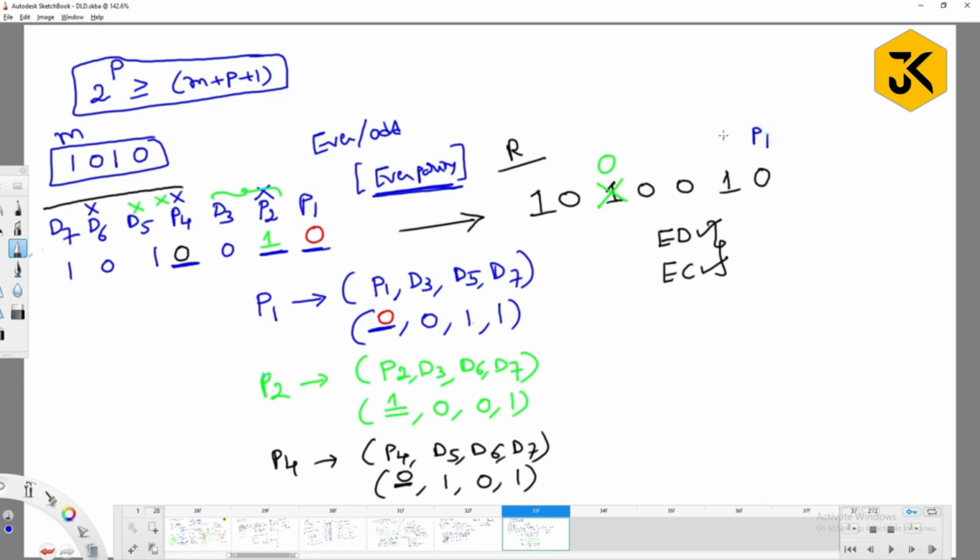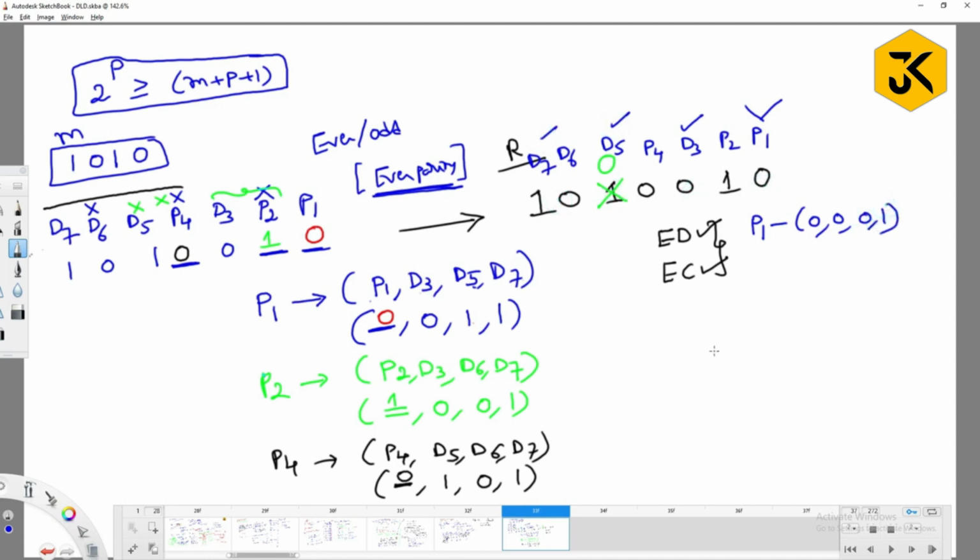This is P1, P2, D3, P4, D5, D6 and D7. Now try to find out the value of P1. The value of P1 is computed from P1, D3, D5, D7. So I take this 0, I will write again in blue color, and D3, D5, D7 I have to consider: 0 0 0 1.